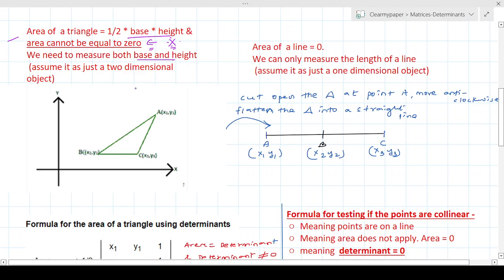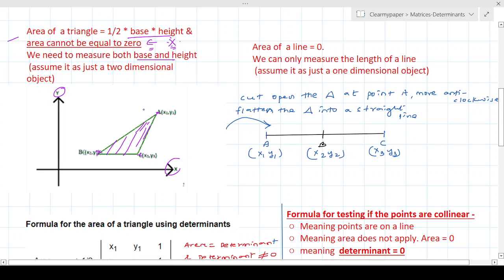We can think of the area as a two-dimensional object in an xy plane, where all 3 points meet each other and this shaded portion is the area enclosed by these 3 points, and hence it cannot be 0.